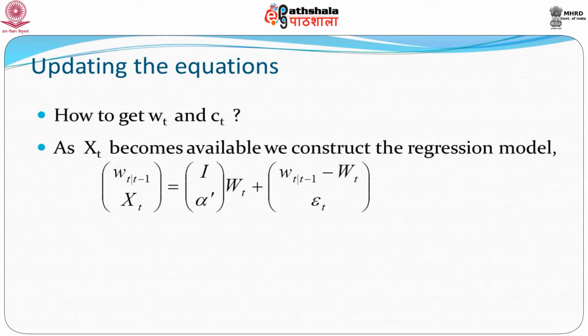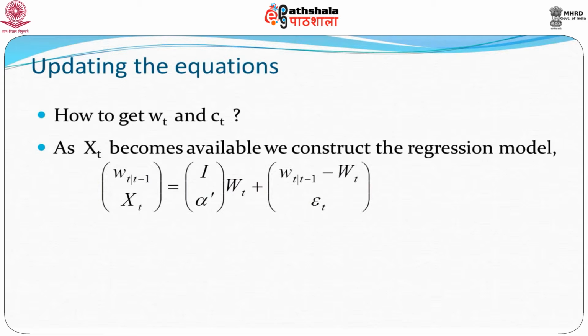Now, if you write this as I alpha prime Wt plus Wt given t minus 1 minus Wt and epsilon t, just look at the first set of equations, that is Wt given t minus 1 on the left hand side. What we have on the right hand side is I into Wt, which would be Wt, plus Wt given t minus 1 minus Wt; actually the capital Wt cancels off, and we have an identity as the first set of equations.